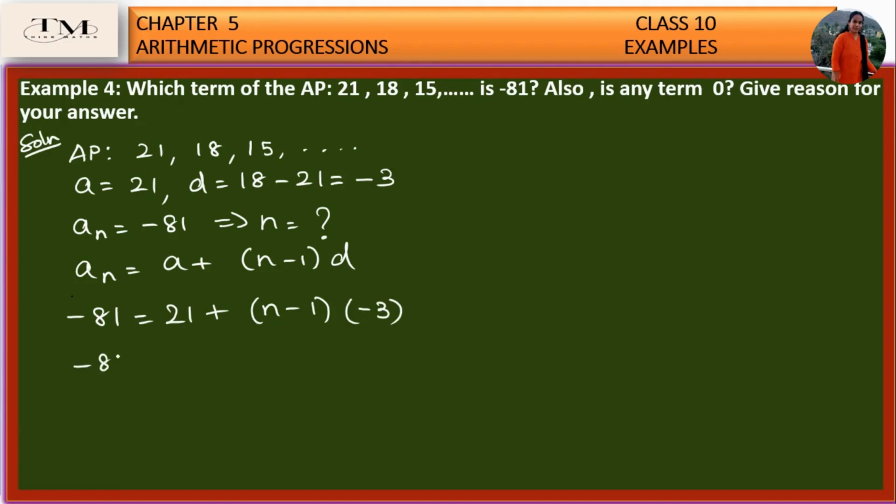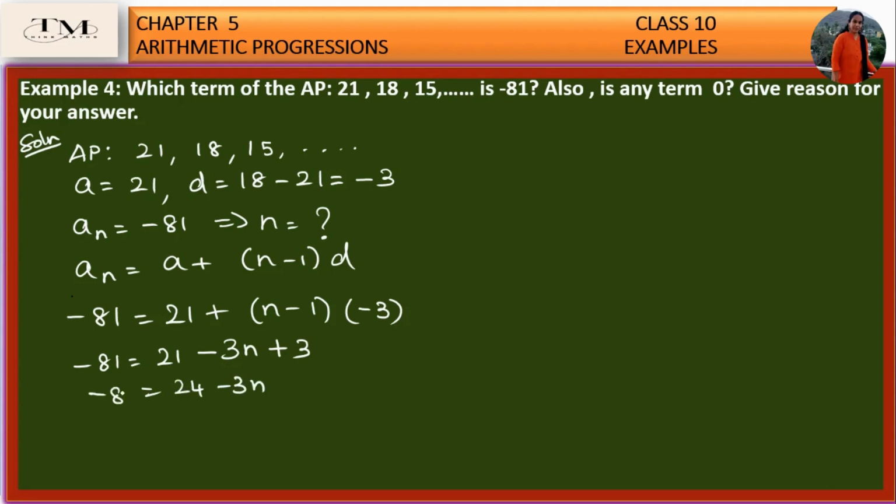So minus 81 equals 21 plus n minus 1 into minus 3. Plus into minus is minus, so minus 3n. Then minus into minus is plus, 1 into 3 is 3. So 21 plus 3 is 24 minus 3n.